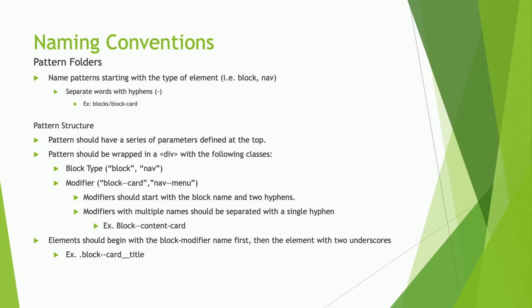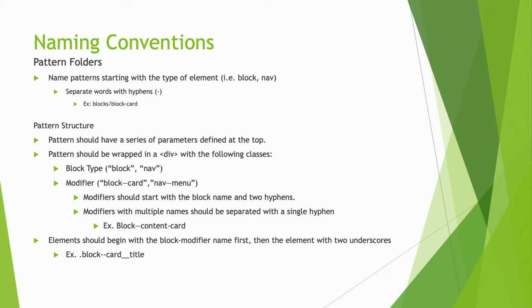All our pattern folder names start with the type of element. If it's a block, we have blocks, and then the block name with words separated by hyphens. For pattern structure, every component has a series of parameters defined at the top. Patterns should be wrapped in a div with block type, block, and nav, and modifier, and so on.